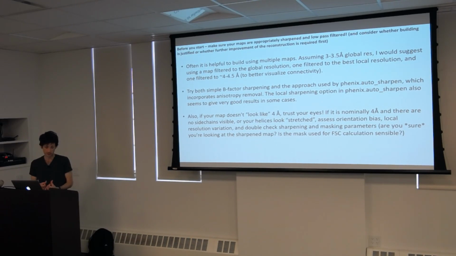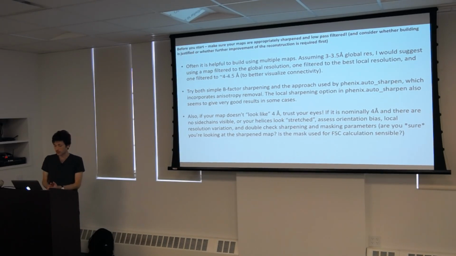And certainly for some of my maps, that's been really advantageous. There's also an option in Phoenix Auto Sharpen for applying a model-free local sharpening procedure, and for a couple of maps that's been really valuable. I would advise, try them all, see which map you like the best in whatever region, and use them all together to inform your interpretation and your building of the model.